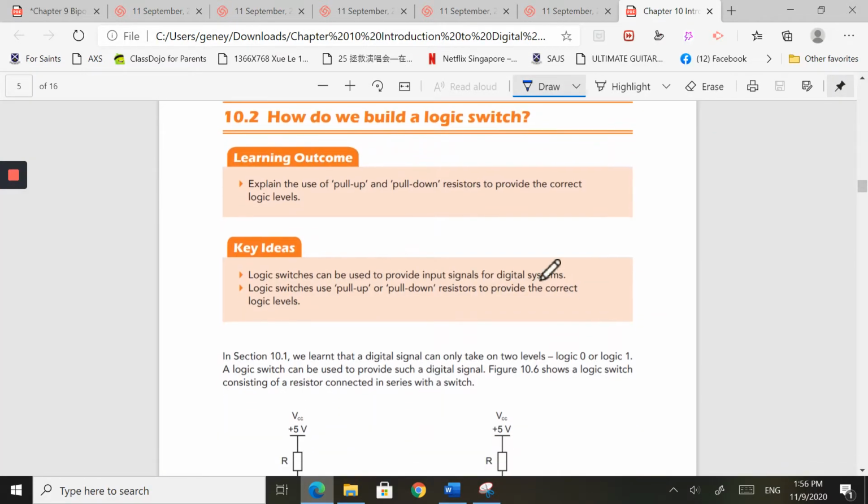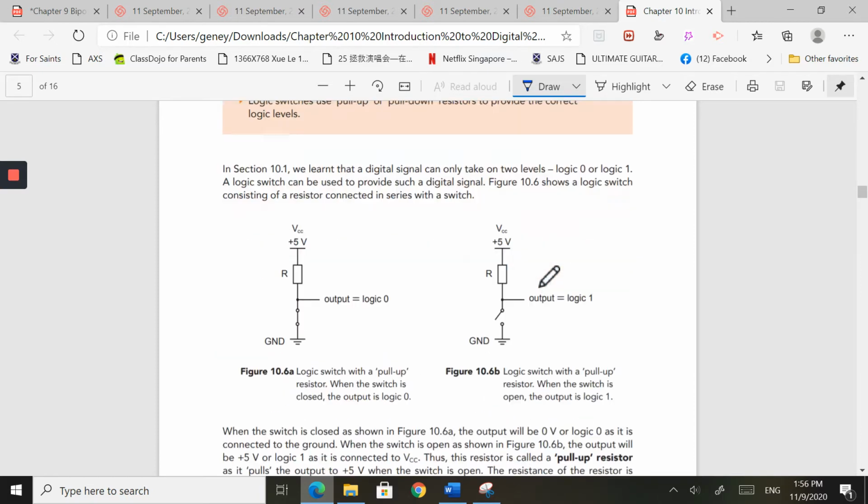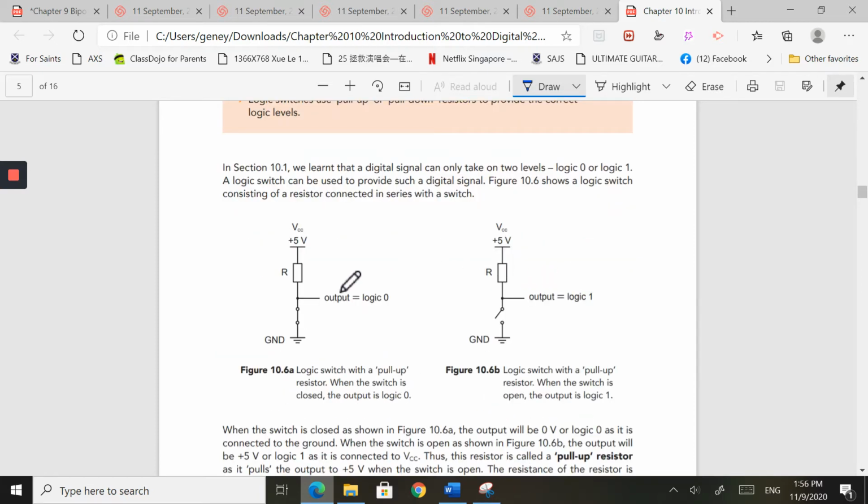Next thing, logic switch. So what is the purpose of a logic switch? A logic switch is to ensure that the output is a logic 0 or a logic 1. That's all you need to know. We have logic switches. These resistors are placed here to pull up the value when the switch is open. When a switch is open, I don't want a floating value up here.